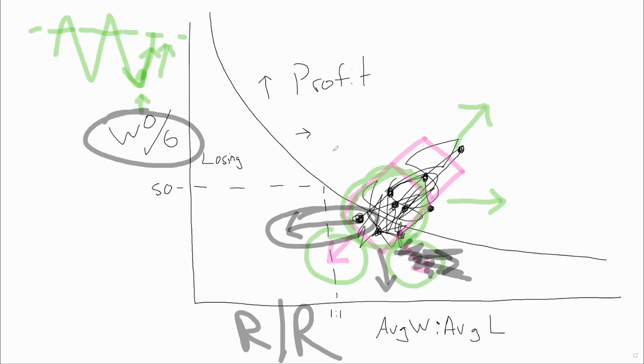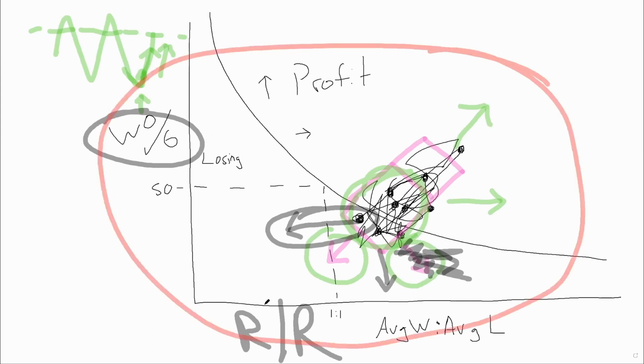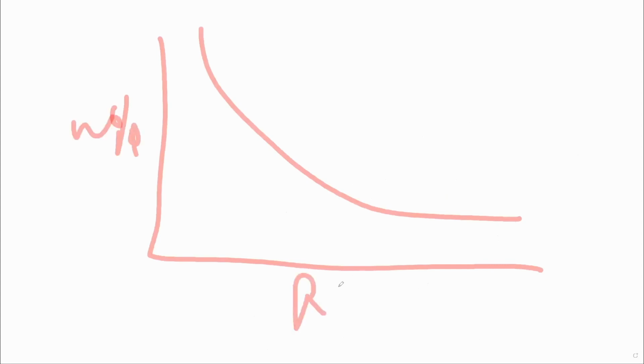You might be in a bad place in this whole scheme of things here. You might be living on a paper thin edge where you are at a 27% win percent. You might be living right here.